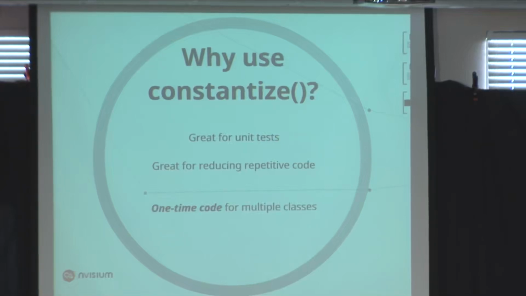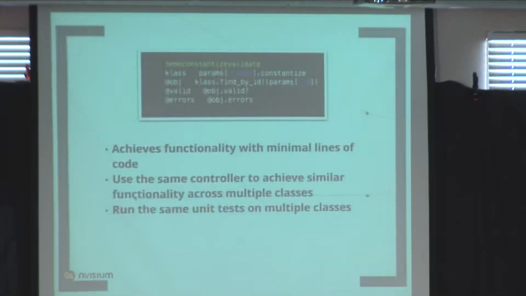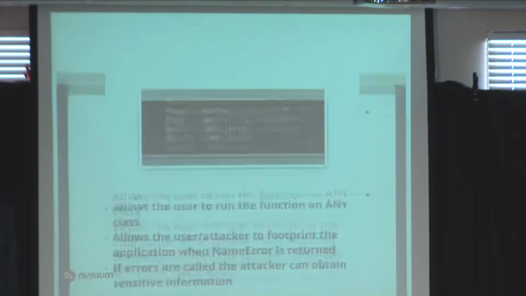It makes applications smaller, it makes code easier to read. But you can shoot yourself in the foot with some of these techniques. So yeah, again, it achieves this functionality with fewer lines of code. There aren't 20 different method definitions to do the same thing, so it just makes things a lot more simple.